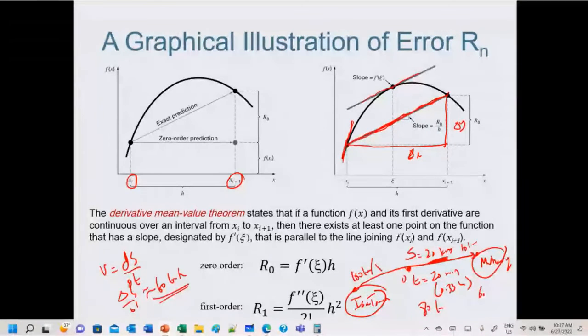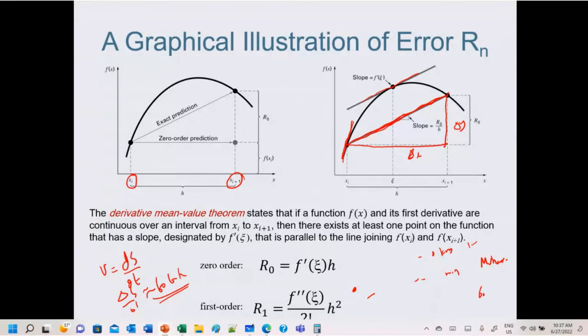It could be more than one, but at least you will have one point where you were actually traveling at 60 kilometers per hour. So that's what the derivative mean value theorem states. And that point where we get this, we call that xi. Okay, so xi is the point where the slope is equal to the straight line between this.